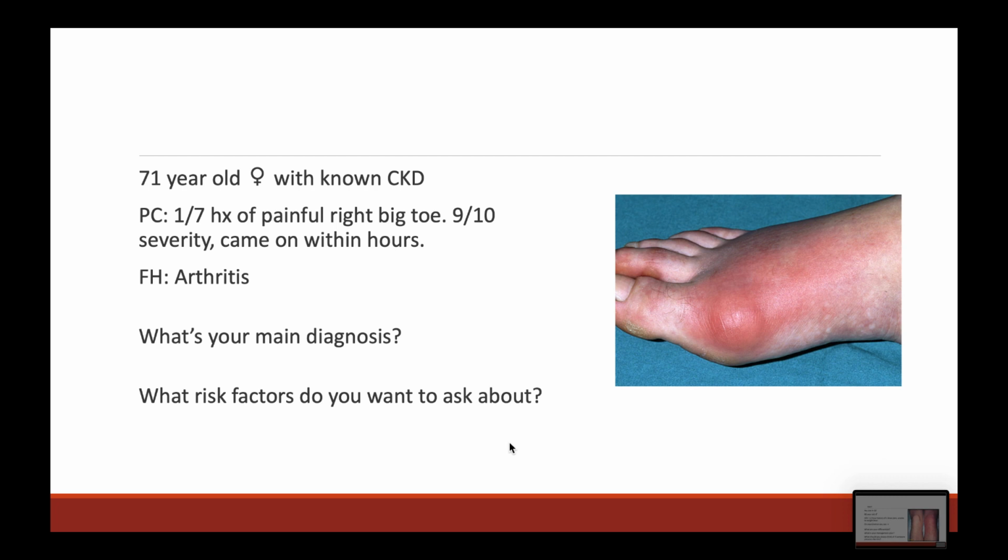Drugs includes aspirin, cyclosporin, cytotoxics, diuretics, especially thiazide diuretics and loop diuretics, which increase the chance of gout. You need to learn this for the PSA, which they love to ask about, thiazides and the risk of gout from diuretics.